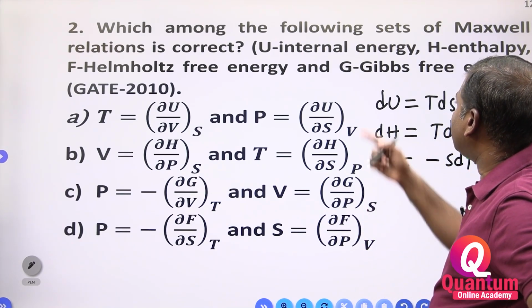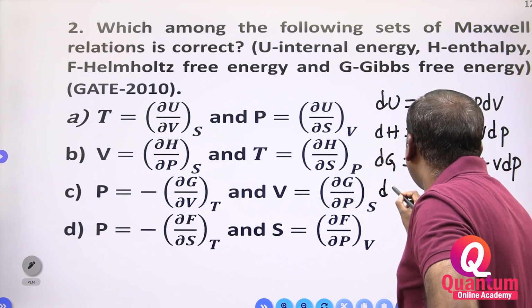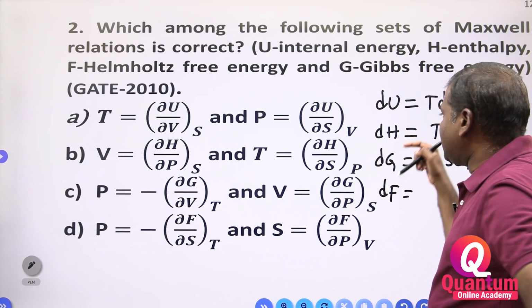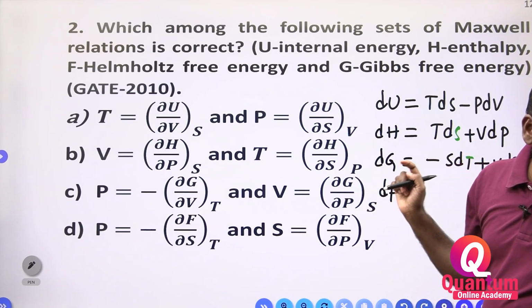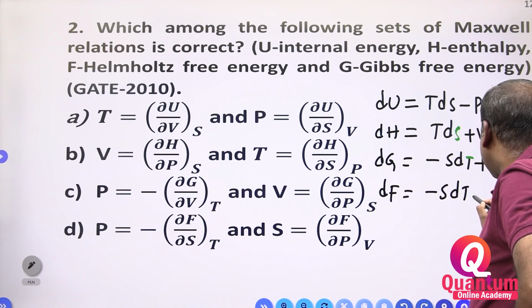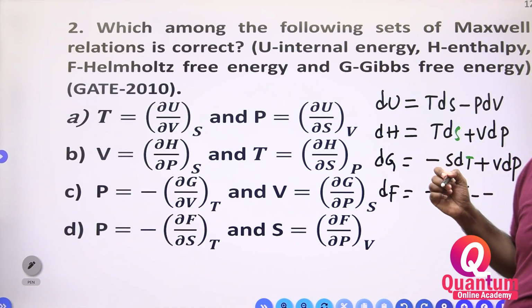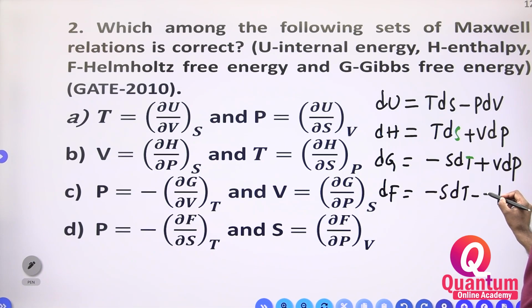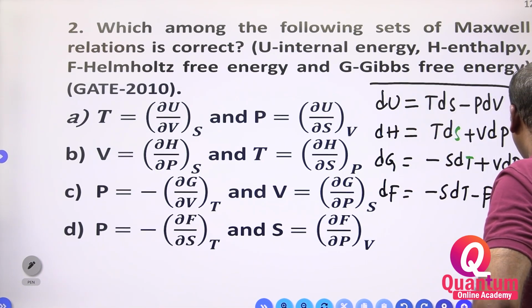That is the Gibbs energy. Next, the Helmholtz free energy: dF is equal to minus SdT minus PdV.